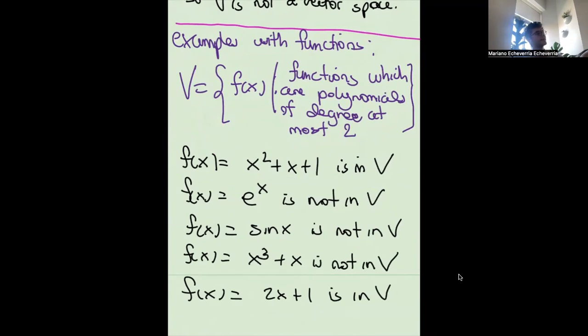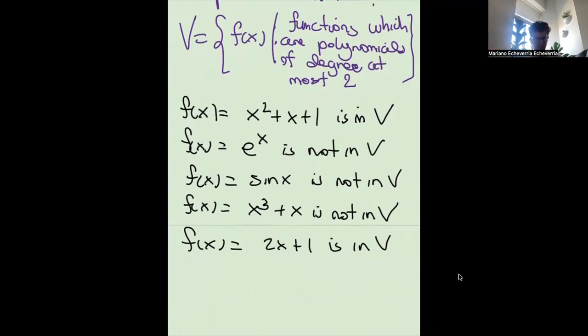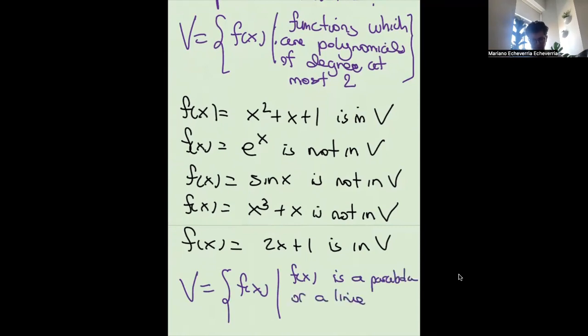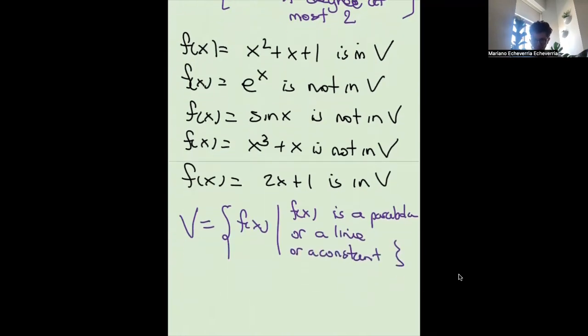So here, you're just looking at all the polynomials of degree at most 2. So that can be degree 0, which is a constant, degree 1, which is a line, or degree 2, which is a parabola, right? So V is really just parabolas, lines, or constants, in terms of the graph, right?